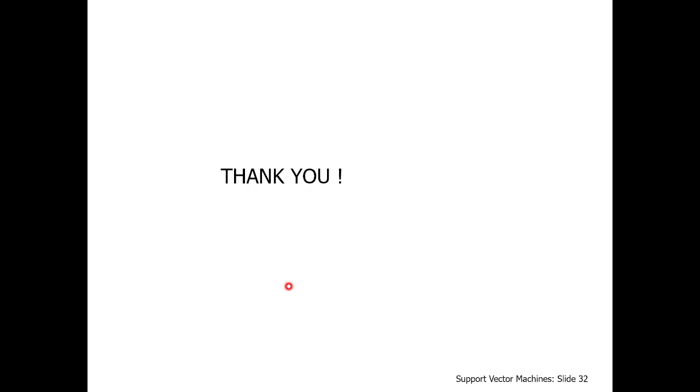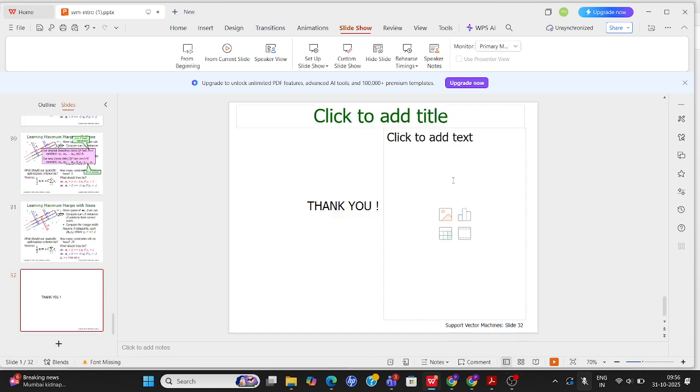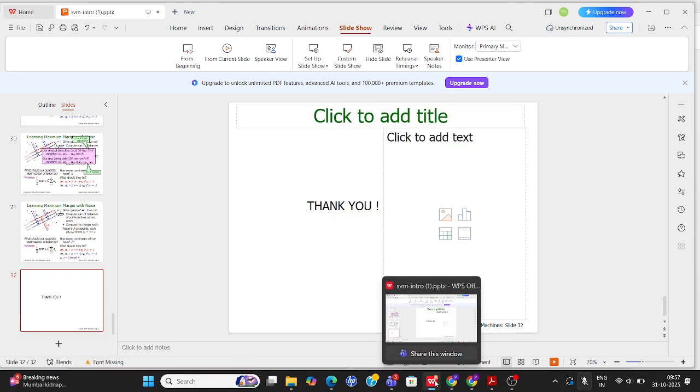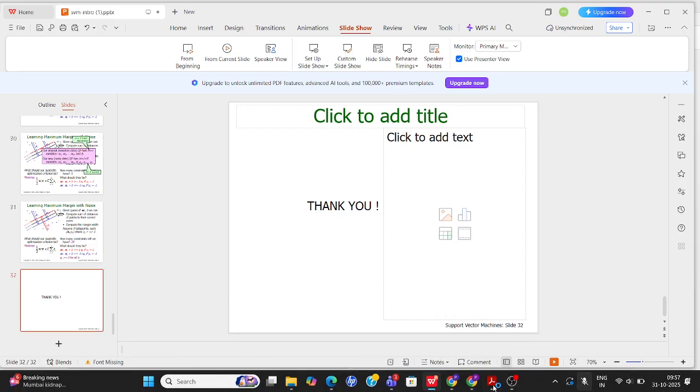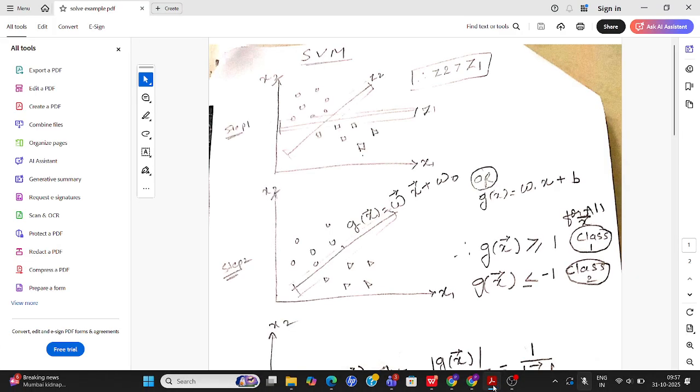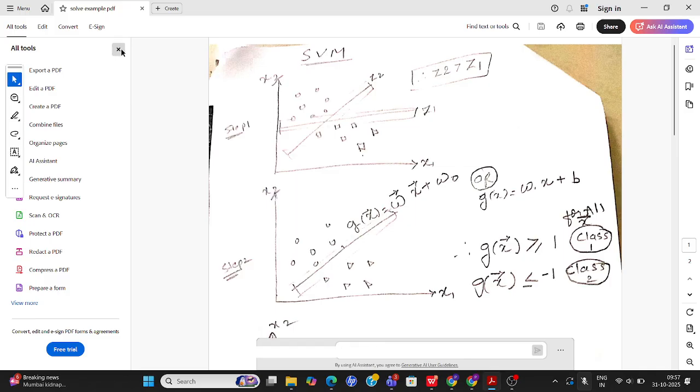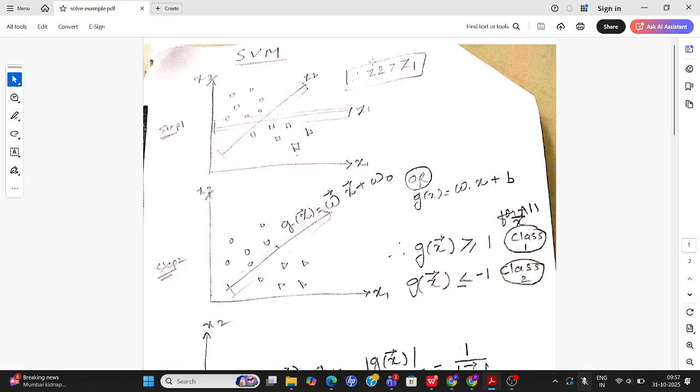Now I'll also show you one example for this, a solved example. You can see here, step 1, as you know, we are bifurcating the samples and trying to get the best fit line.